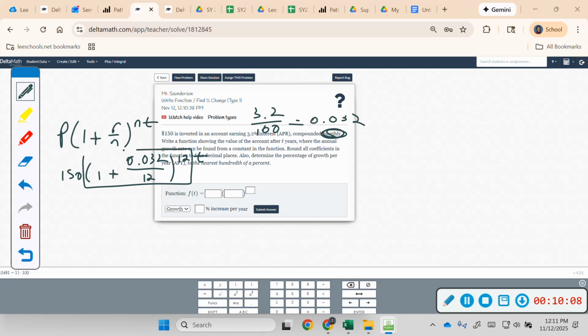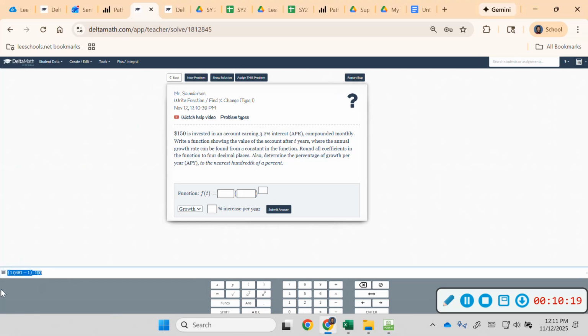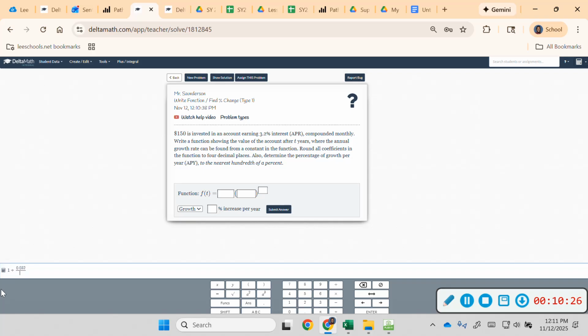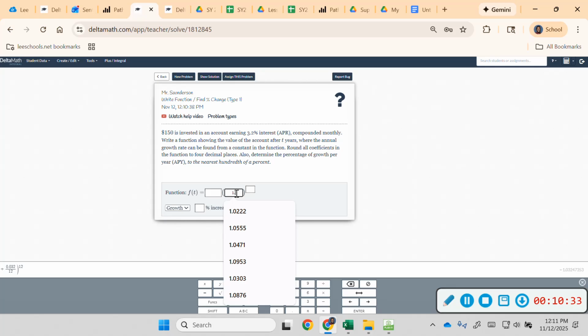Then this I go ahead and put in my calculator. The 150 I bring down. By the parentheses, the t I bring down. So now I'm going to put that in my calculator. So 1 plus 0.032 over 12, to the exponent of 12, and then I got 1.03247.